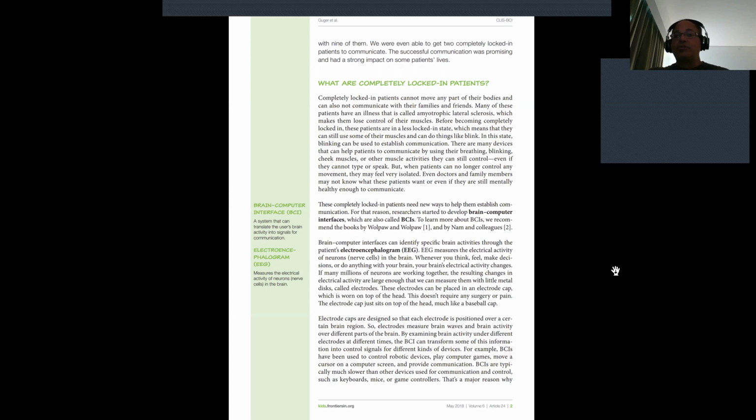So most BCIs use the EEG, and this is an electrode cap that you place on the head. There are many other types of BCIs that can either be non-invasive, meaning they also do not require penetrating the skin, or that are invasive, also called implanted, which means that you're putting an electrode or other type of sensor underneath the skull. And this, of course, requires neurosurgery.